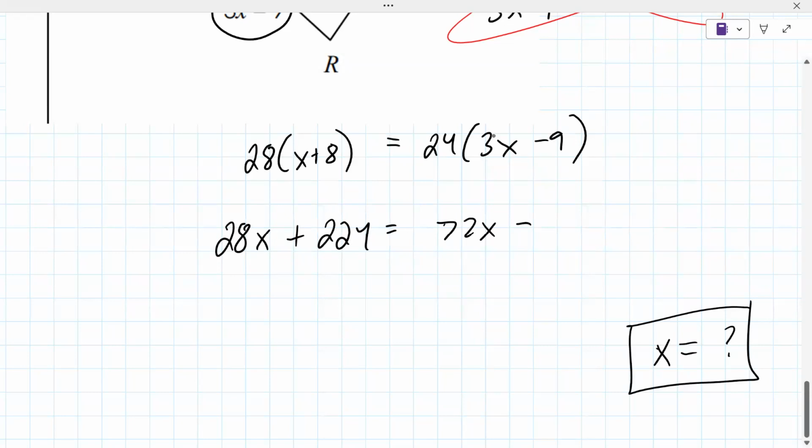And then 24 times -9. What's 24 times -9?